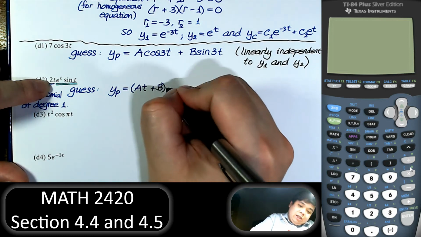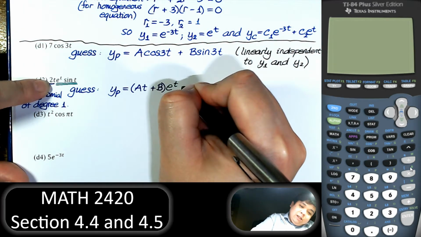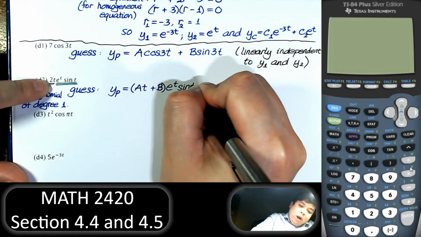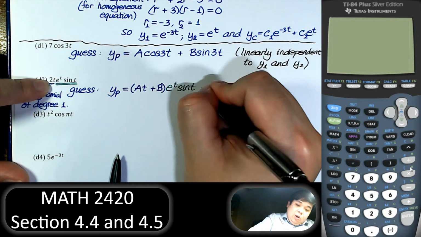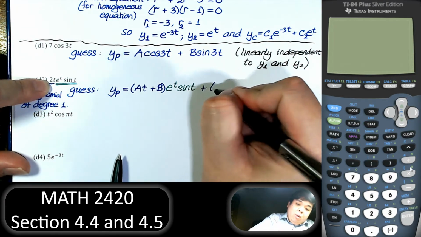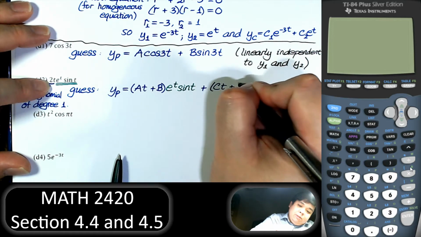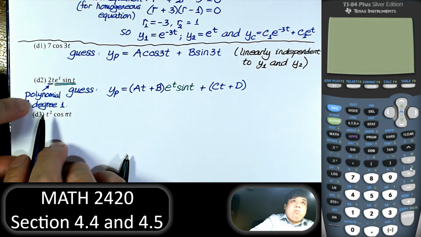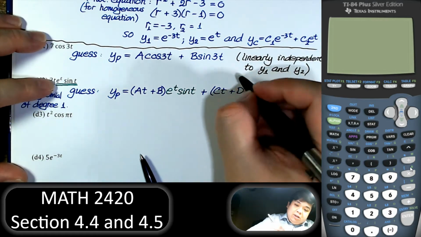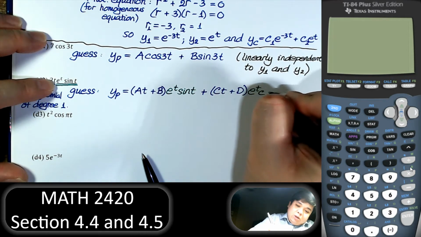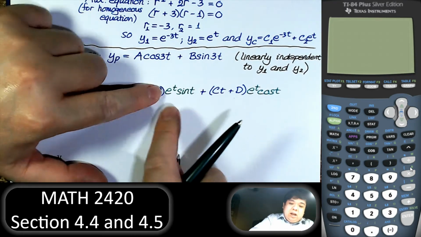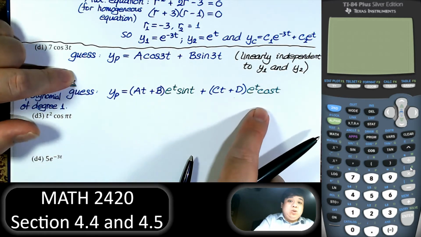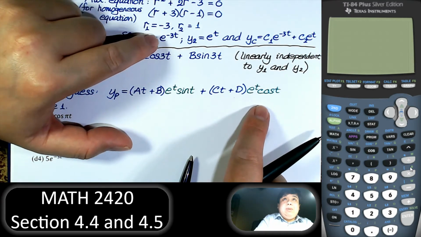times the e to the t sine t. When there's sine or cosine, there will be both. And there's also another polynomial of degree 1 times e to the t cosine t. And once again, we look at e to the t sine t and e to the t cosine t, and they are linearly independent from here.